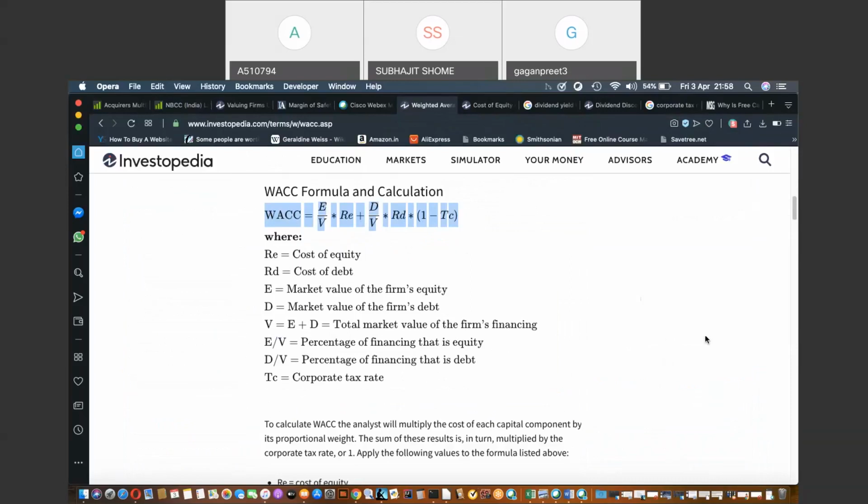Gaganpreet, kindly note this formula because this is in the chat box. I'm writing it. Cost of equity into equity by debt plus equity, and cost of debt is not every time the debt will be zero. In this case, the formula was simple because debt was zero, but every time it is not.